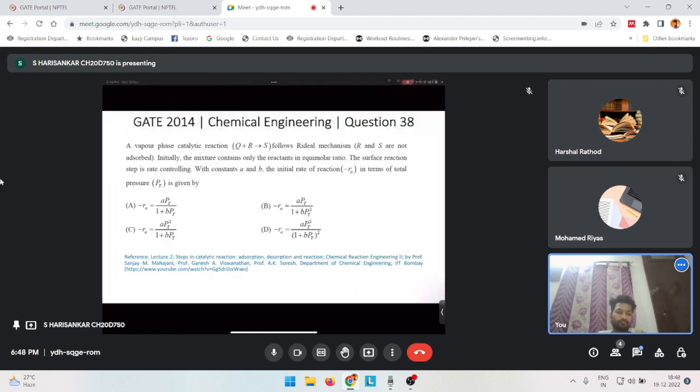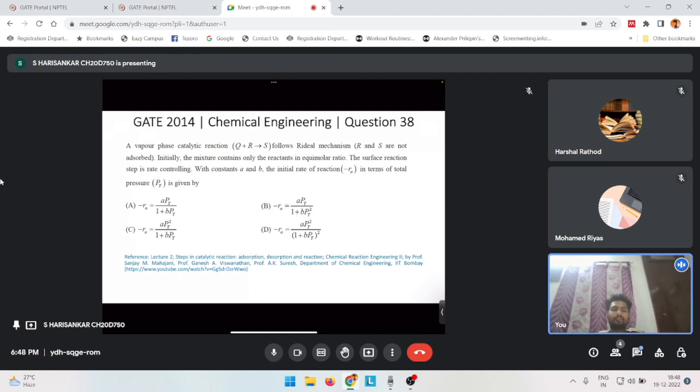Just go through this question. This is based on the radial mechanism that I just went through a few minutes ago. This is a catalytic question.